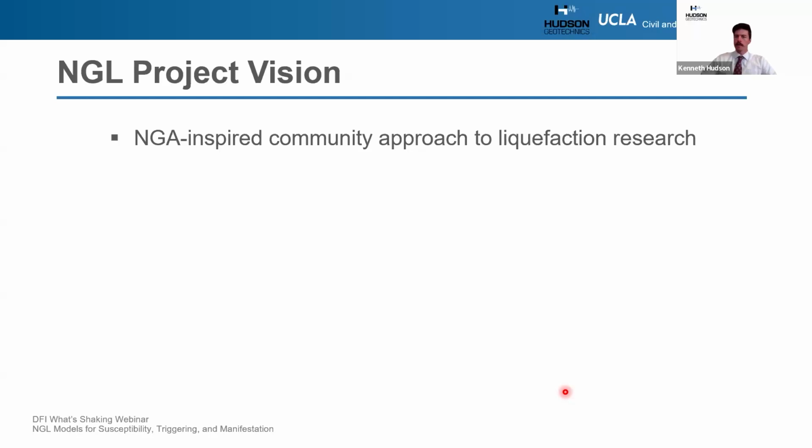It was thought the best way to do that was to follow a Next Generation Attenuation model. If you're familiar with the NGA models that were used to develop the ground motion models, the ground motion prediction equations that are used today, it's a community common database that has case histories for use by modelers.